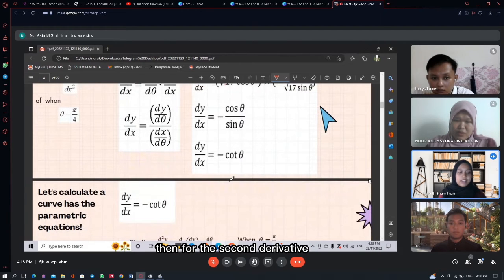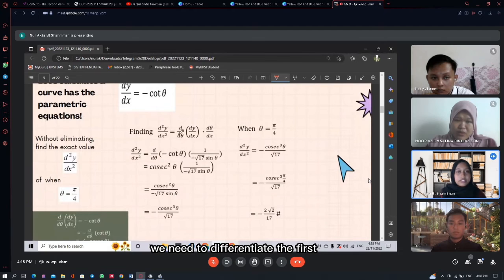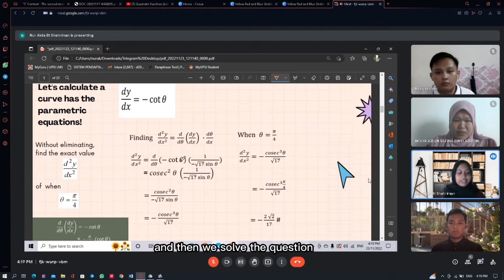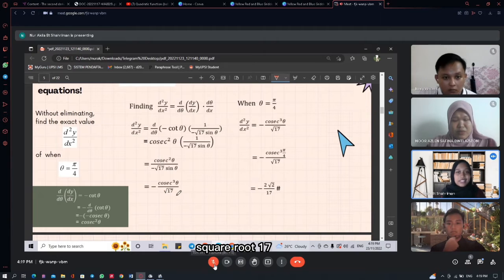And then for the second derivative, we need to differentiate the first derivative to get the second derivative. So as we get the answer negative cotangent theta, we substitute into this formula, and then we solve until we get the answer negative cosecant cube theta over square root 17.